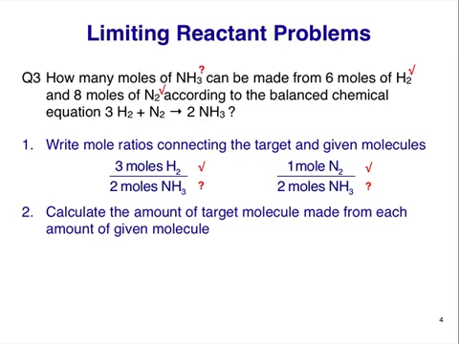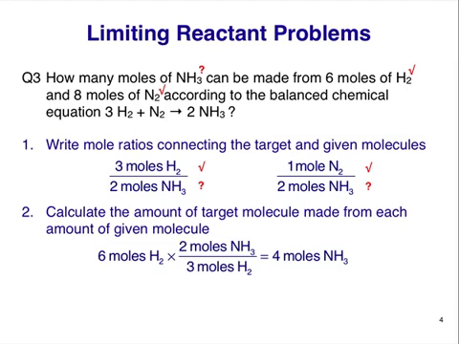Step 2 is to make equations, taking each given amount and multiplying it by a mole ratio to find the amount of unknown NH3. Here's the first calculation. 6 moles of hydrogen multiplied by the upside down mole ratio that we wrote on the left above. Units cancel, and this calculation gives us the answer 4 moles of NH3 can be made from 6 moles of hydrogen.